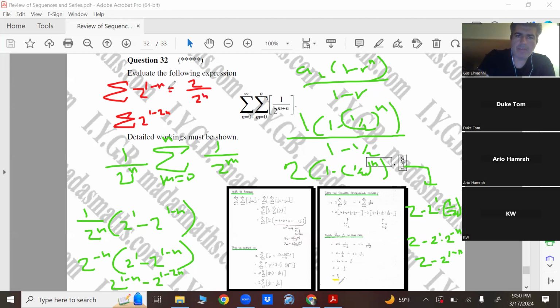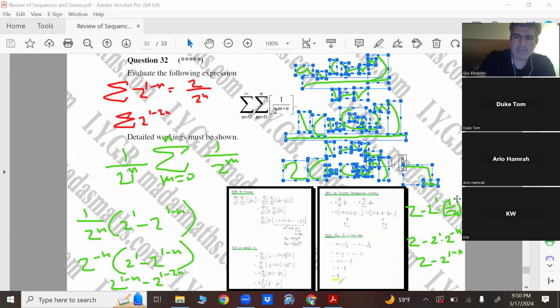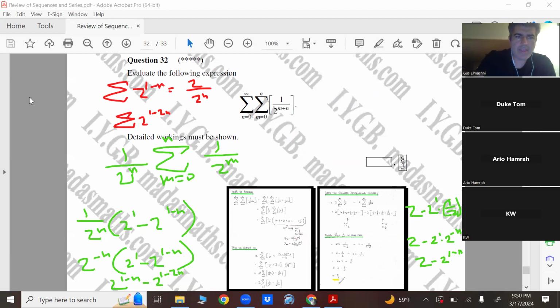And you can push the 2 off to the side. I'm running out of space here. So then I could push the 2 off to the side. That's 1 over 2 to the n, again n equals 0 to infinity. And then this one, same thing, but it'll be 1 over 4 to the n, using 2 squared.